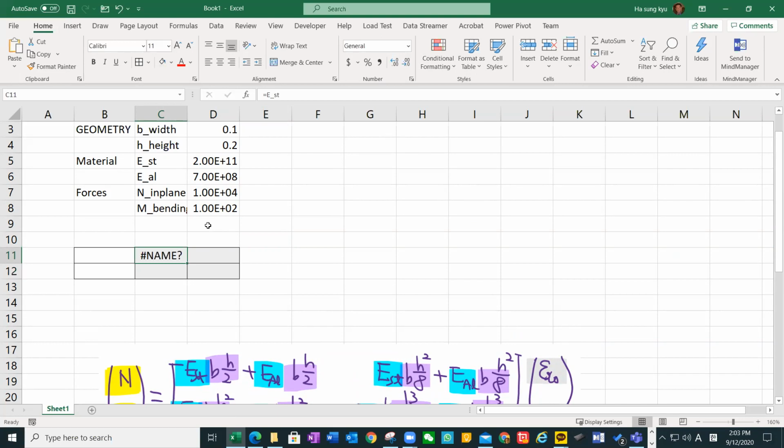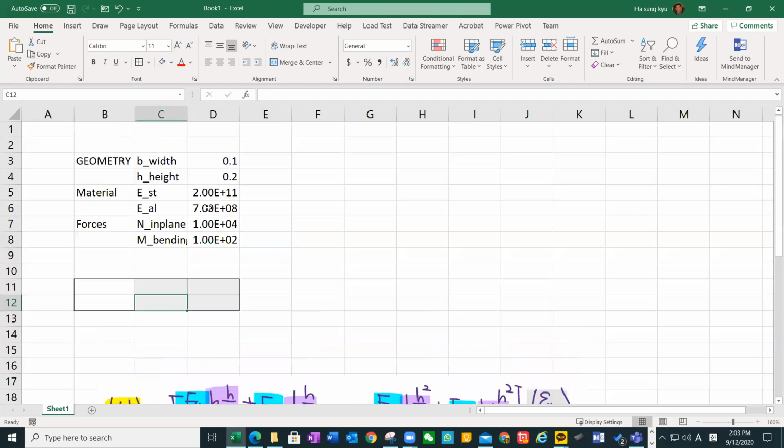So it returns, what is this name? So we would like this value to have this name. So for this one, you simply type B width. Okay, so 0.1 will have the name B width.